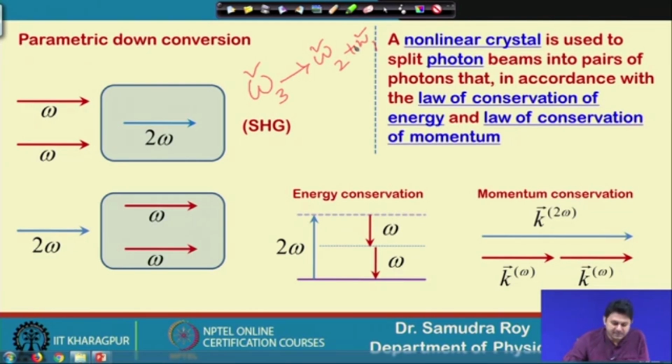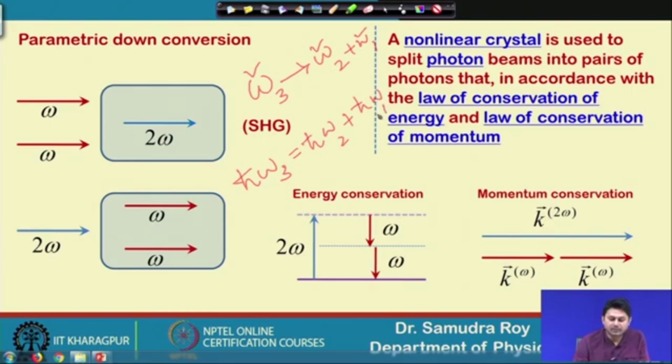So, what is the energy here? Total energy: h cross omega 3 is the energy of the omega 3 photon, from which we are generating 2 photons. The energy of the 2 photons is h cross omega 1 and h cross omega 2.